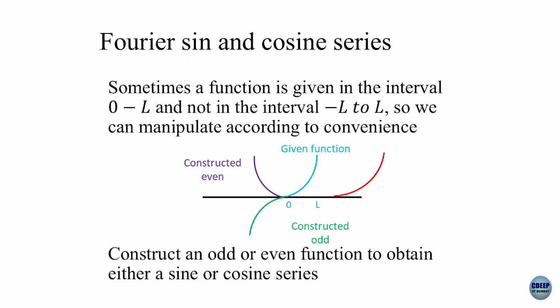And then we said that there are so-called Fourier sine series and Fourier cosine series. If we have got a function, and what you see in blue there is the given function, and for whatever reason you want to represent it as a sum of sines and cosines, then there are several options that are available to you.